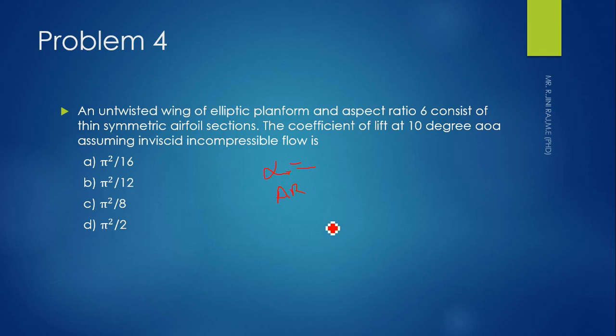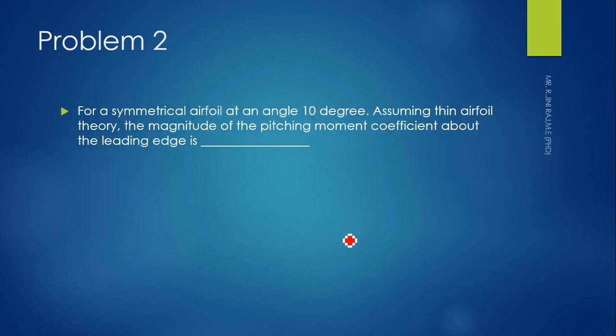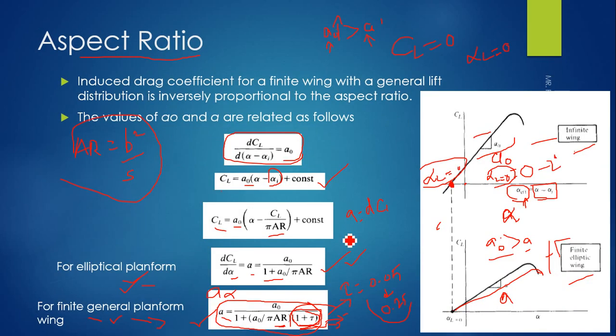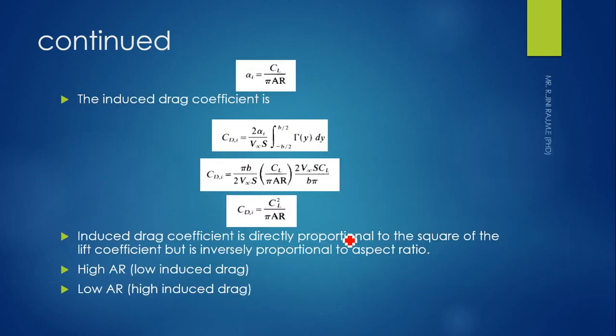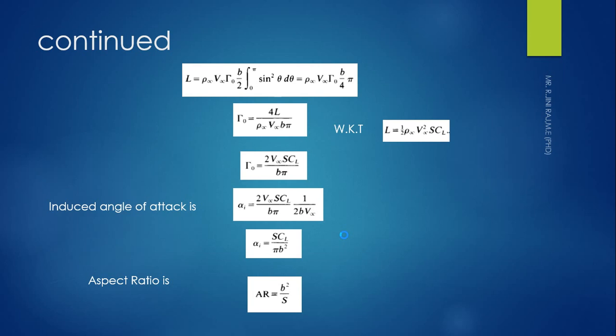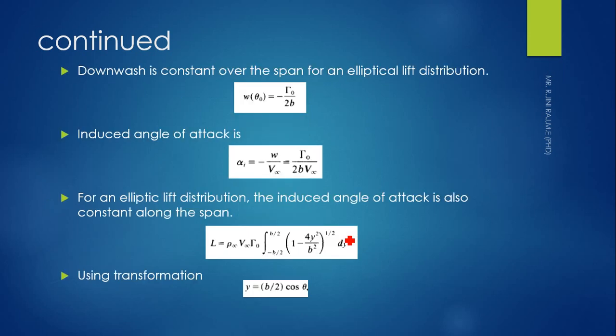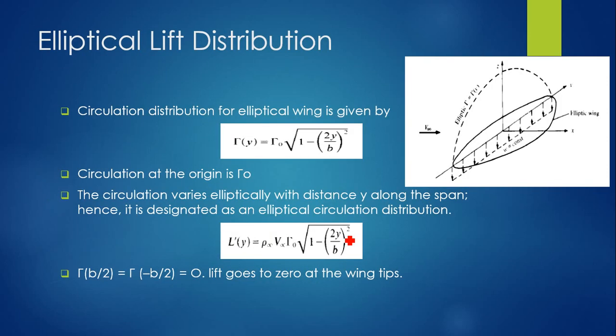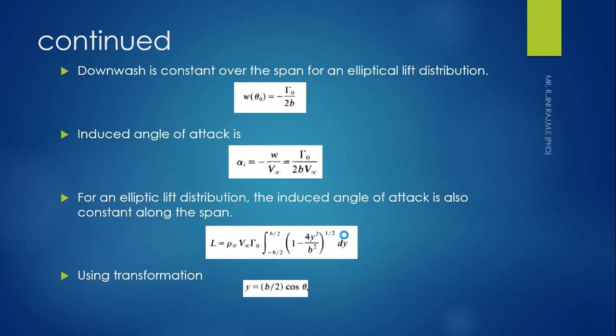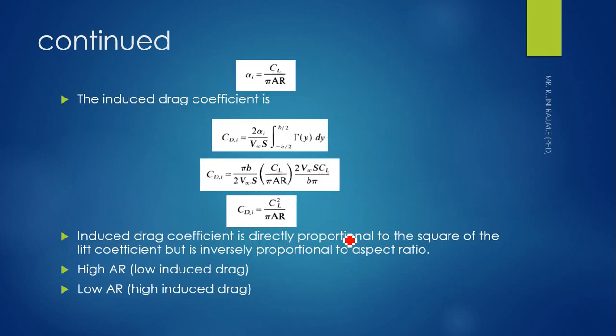What we need to find is CL. Does anybody know the formula for CL for an elliptical wing?